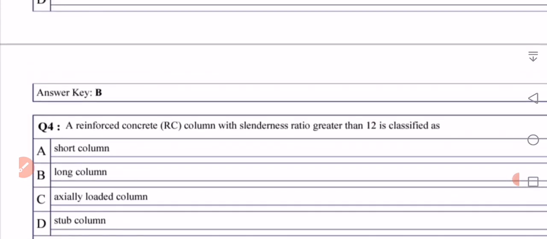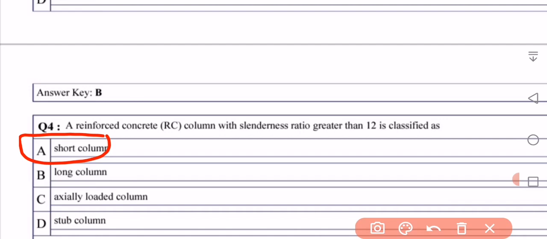Next question. An RC column with slenderness ratio greater than 12 is classified as what column. In this question, the classification of column is given: short column, long column, axial loaded column, or stub column.